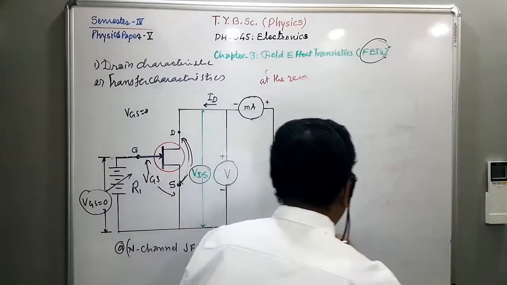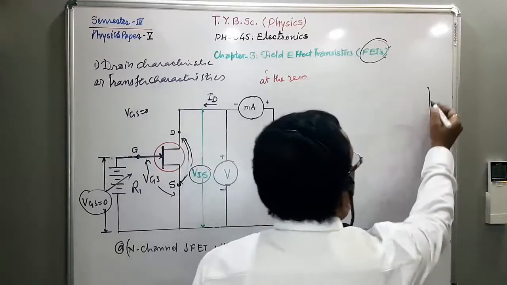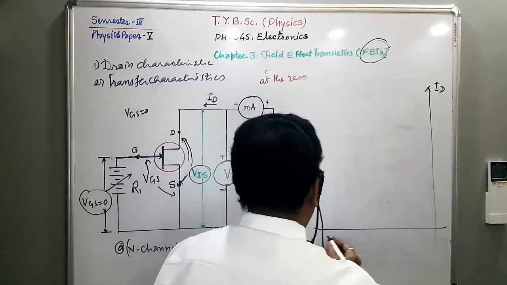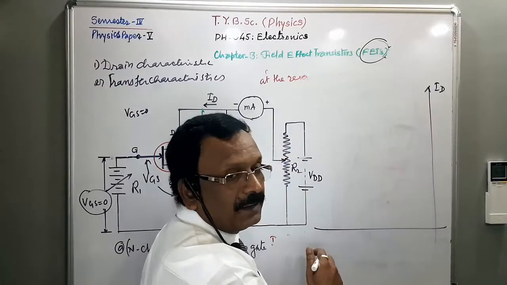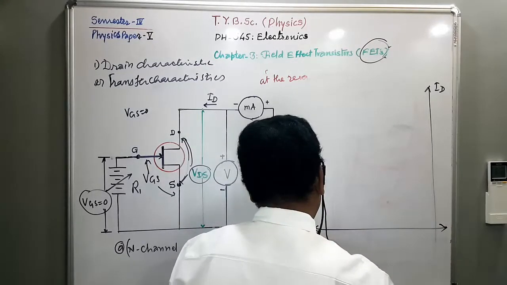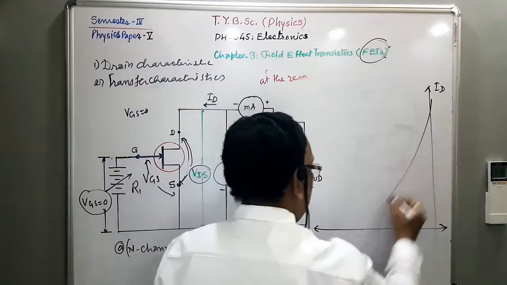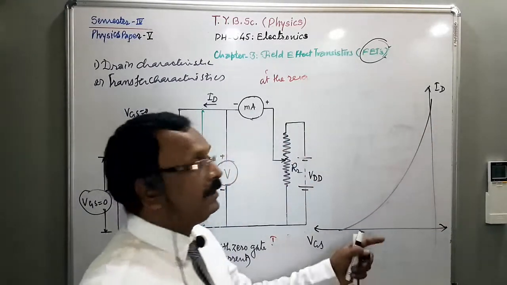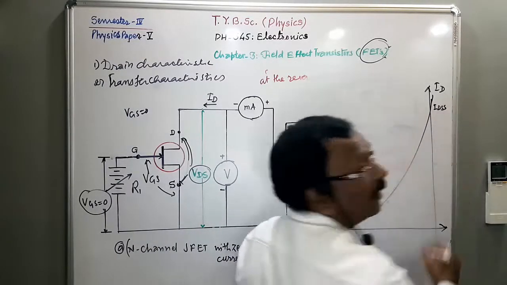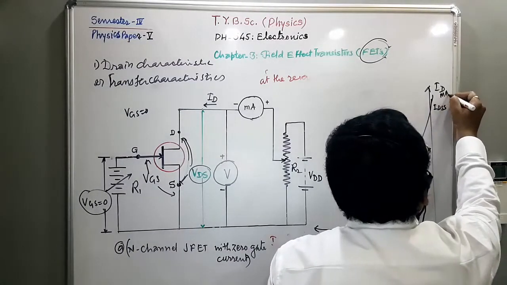See here, this is the axis on which drain current is taken, and this is the axis on which VGS is taken. This is IDSS, and ID in milliammeter.